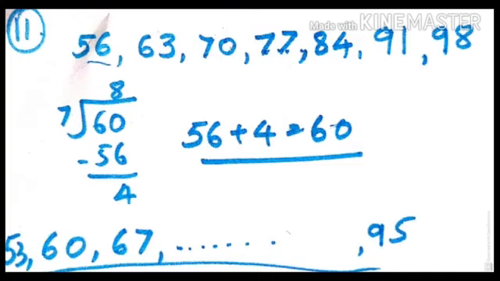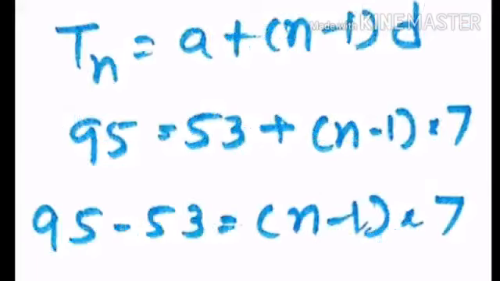Now we want to find the sum of all the terms. For that we first have to find how many terms there are in this AP. Using the Tn formula, we will first find the n value. So Tn is equal to a plus n minus 1 into d. Tn, the last term, is already decided, 95, and the first term is 53 plus n minus 1, and the difference is 7, because it is understood that if it is divisible by 7, the difference is 7.